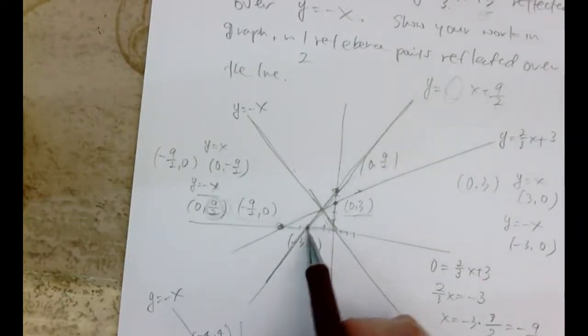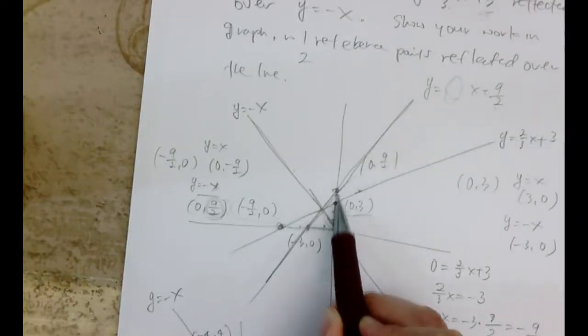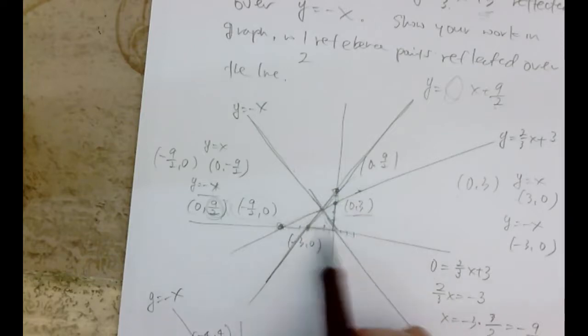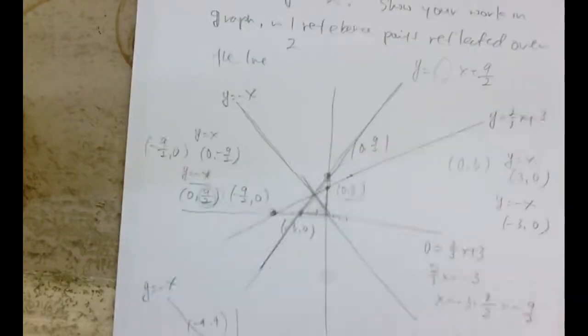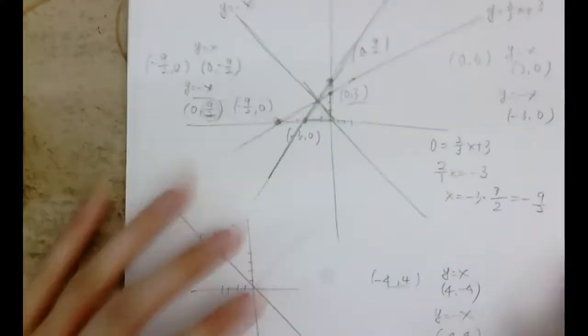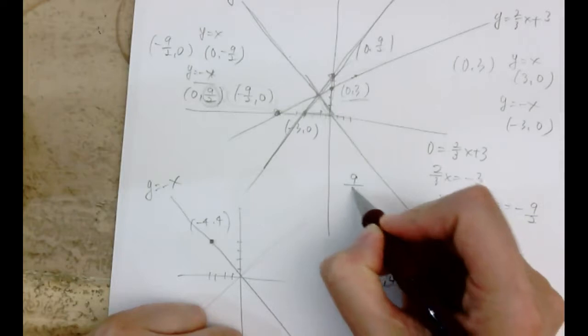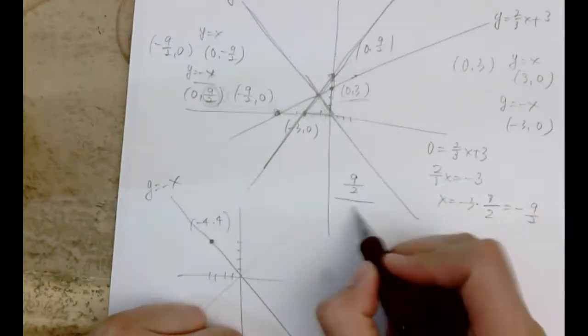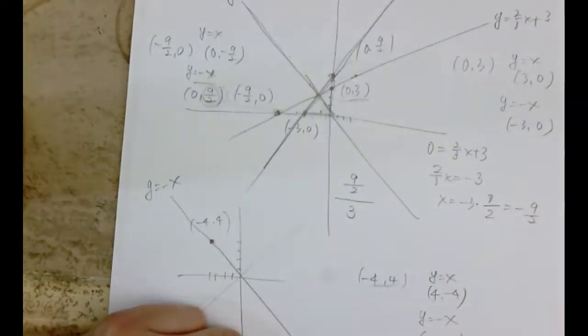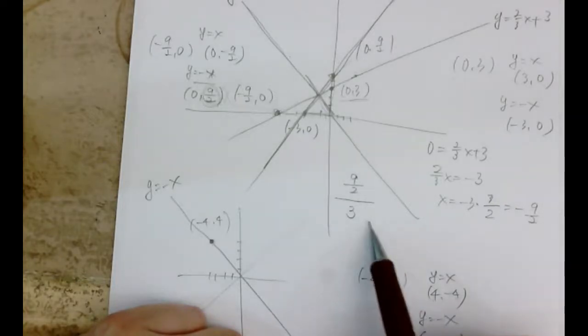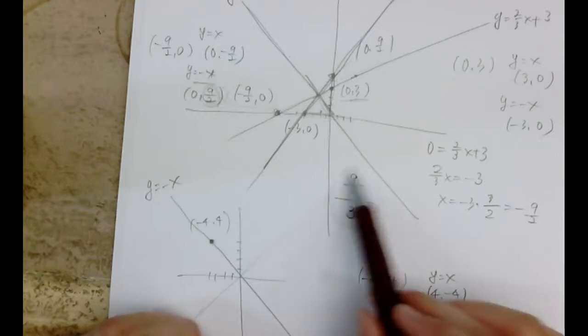Slope is this moved 3 and moved up 9/2, right? Running out of space here, let's just do it here. Y went up by 9/2 and x moved by 3. So that's the slope. How do we make this into just a simple fraction?